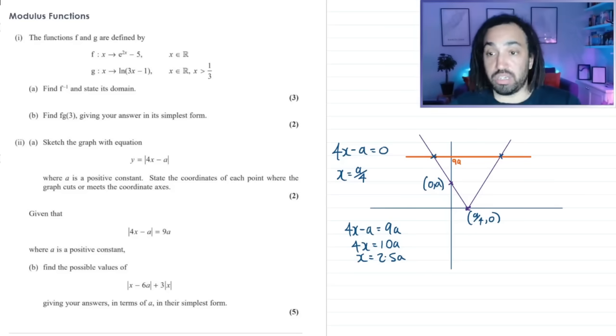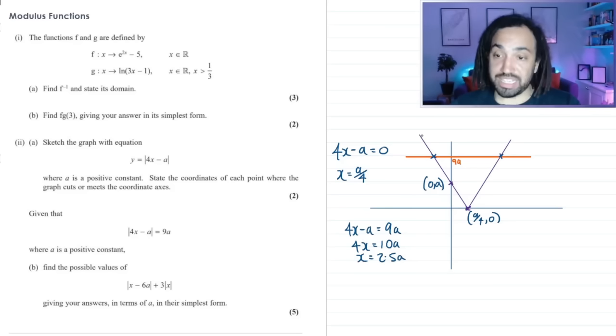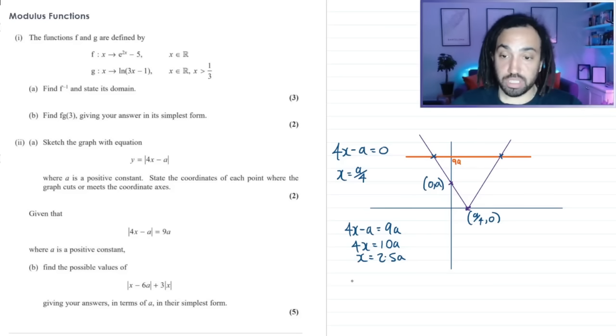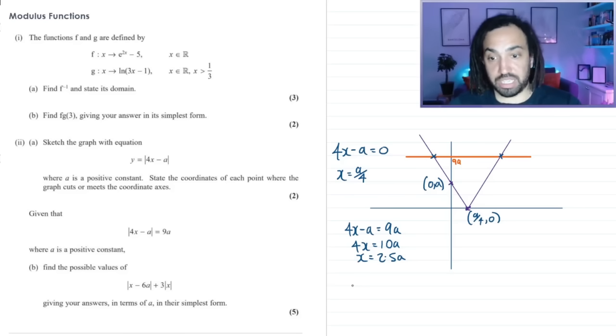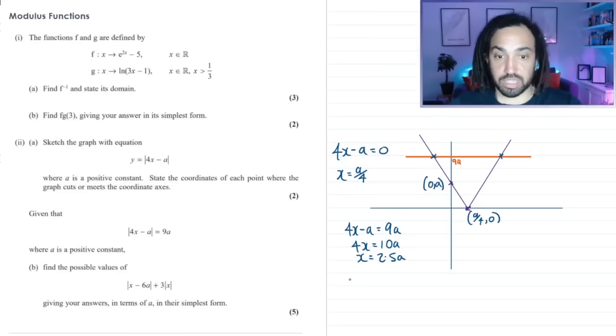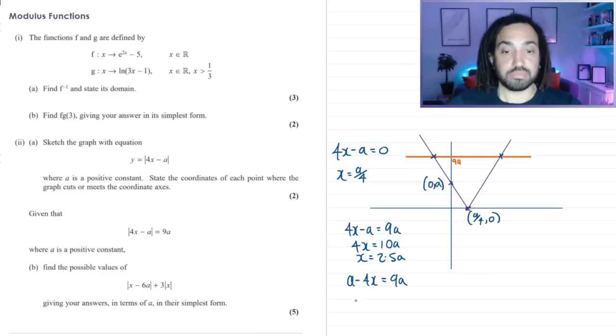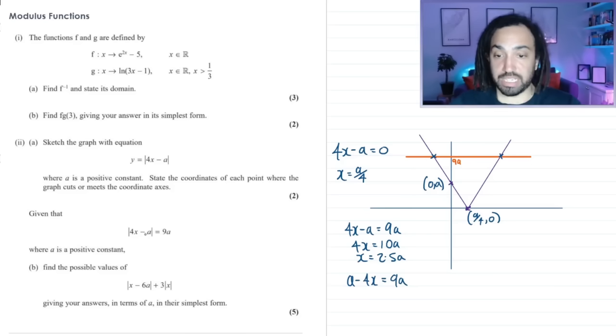And then this side here, we need to take the negative of the modulus. So we could write that as either minus 4x plus a, or you could just do a minus 4x. Let's just do that. So a minus 4x, and that's equal to 9a. So just making this completely negative.